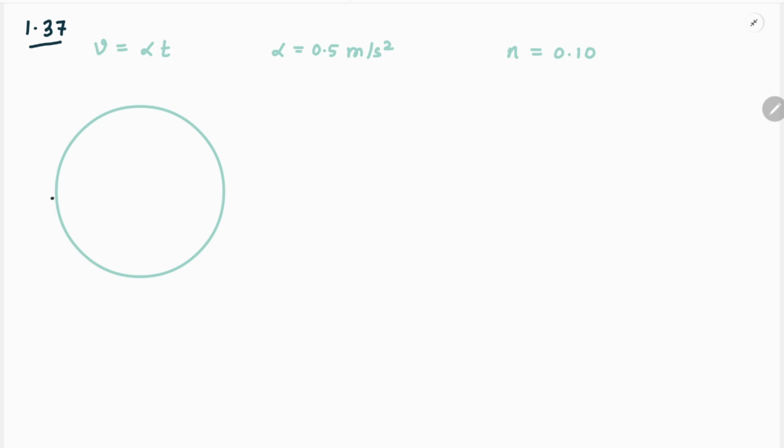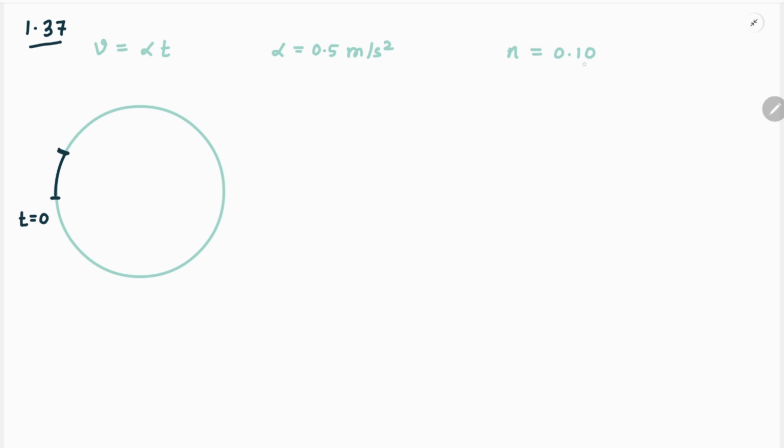So we consider that the motion starts here where t equals 0, and when it has covered 0.1 part of the circle, we are somewhere here, which is a very small part of the circle.